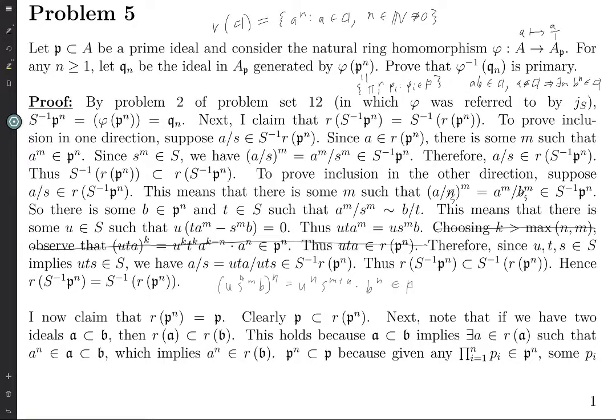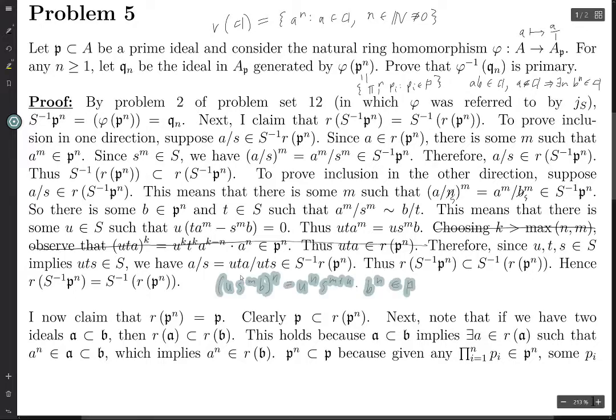No, wait. No. Okay. We know that b is in p to the n. So USMB is in p to the n, so UTA to the m is in p to the n already. So what am I doing? What do I want here?